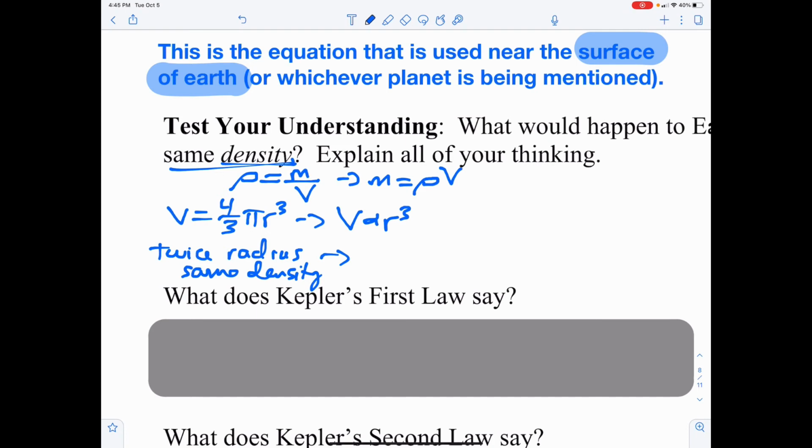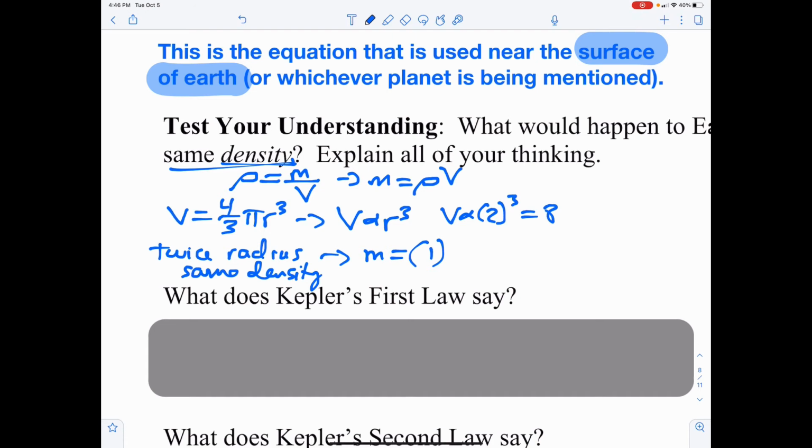would mean that the mass is going to be the same density, so we're going to replace density with the number 1 because it doesn't change. But the radius, what happened to the radius? See, if the radius doubles and volume is proportional to radius cubed, that means if we double the radius and we cube that, 2 cubed is 8.